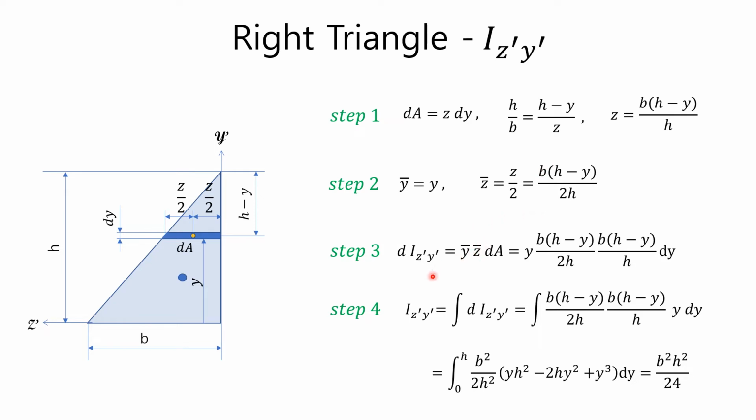And step 3, using the z and the z bar expressions from step 1 and 2, we can obtain the expression for dIzy prime. In step 4, we integrate the dIzy prime from 0 to h, and we end up with the final result, b to the 2, h to the 2 over 24.